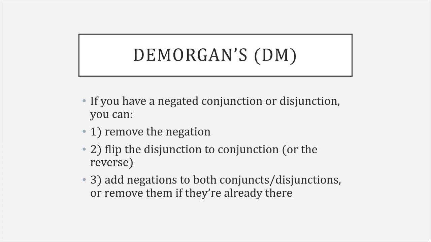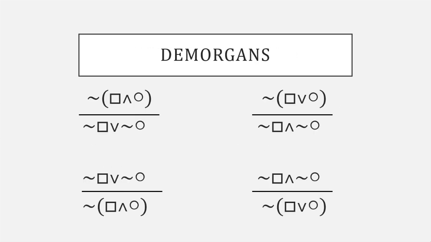Okay. So this rule you will very likely use all the time. This is a rule that's super useful because previously, having a negated conjunction or a negated disjunction wasn't a really helpful thing to have. You could use it as a contradiction generator, but you can't get at the parts of that sentence, right? The negation is the major connective of that sentence.